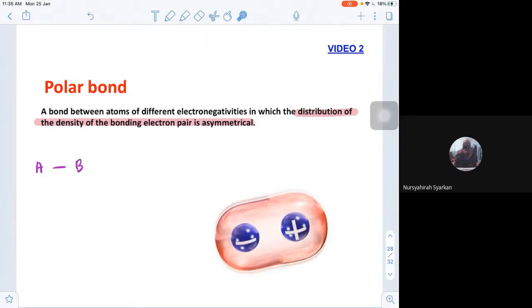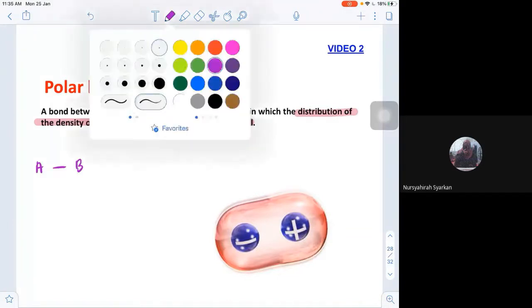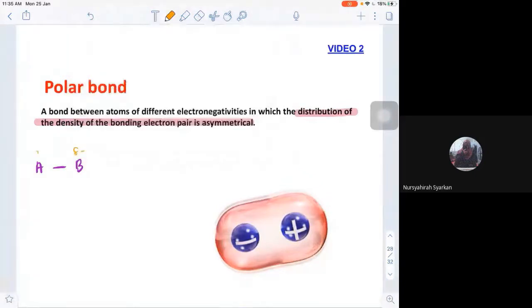And let's say B is more electronegative than A. So the electron density will be higher at the B region. More electrons will be at the B region, with low electron density at the A region.